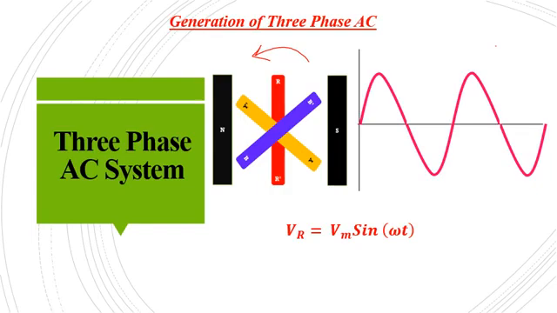Now we can see that the Y phase coil is kept 120 degrees away from the R phase coil.